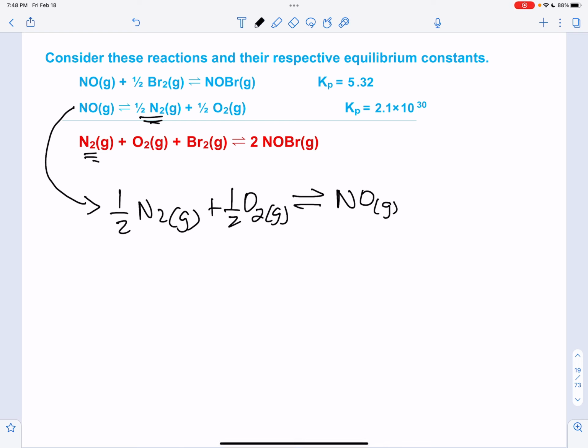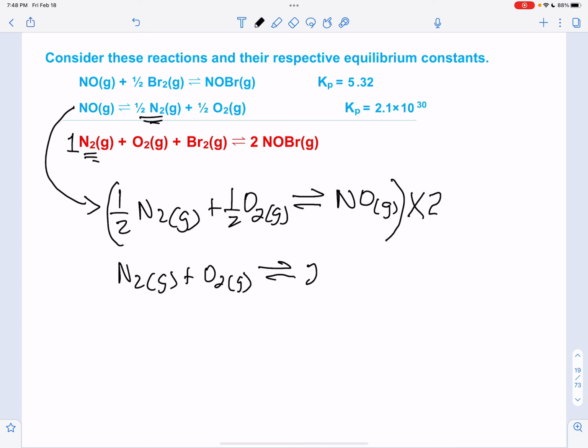In addition, in our target, the reaction we're trying to make, we have a complete mole of nitrogen. So we're going to multiply all this by 2, which gives us N2 gas plus O2 gas producing 2NO gas.